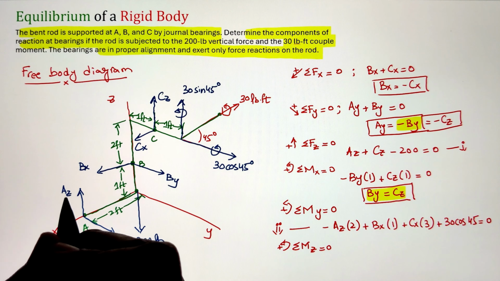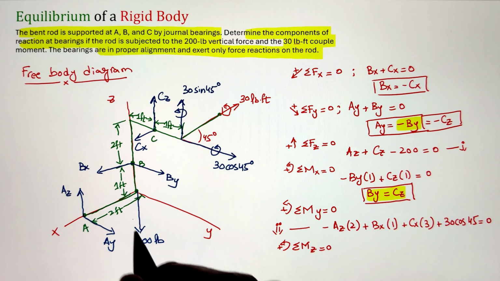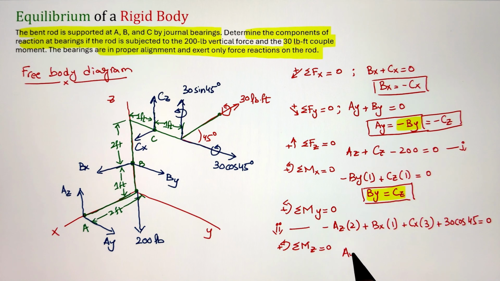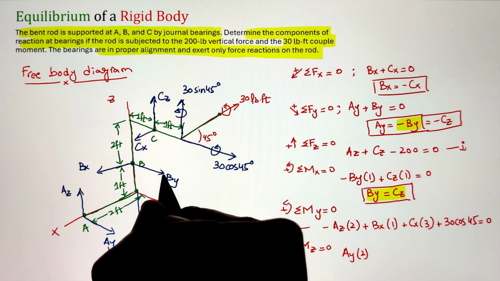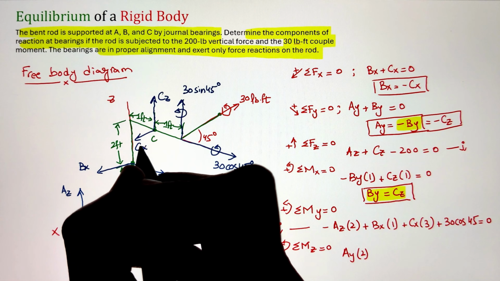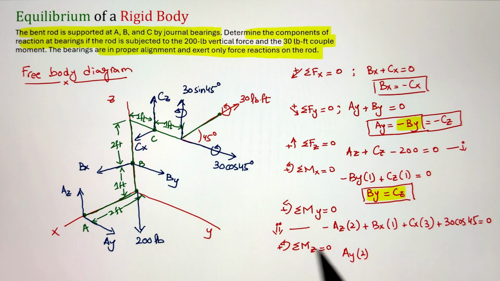Finally, let's write our third expression of moment, that is summation of moment about the z-axis. Now, the process is the same. Az and Cz, since they are parallel to the z-axis, are not going to create any moment. Bx and By are passing through the z-axis, that's why they are not going to create any moment.